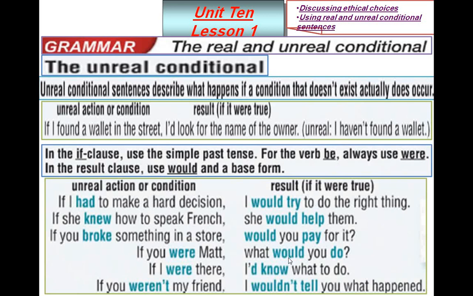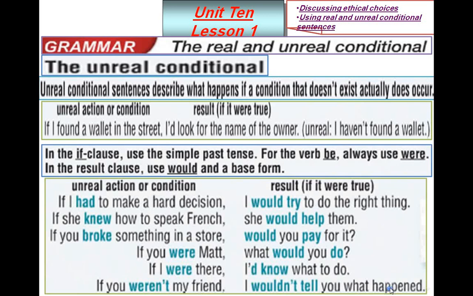That's also an information question. If I were there, not was. As I told you earlier, we use were with all pronouns. If I were there, I'd know what to do. If you weren't my friend, I wouldn't tell you what happened.